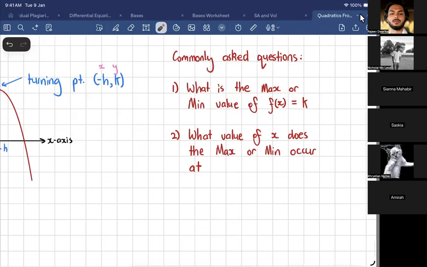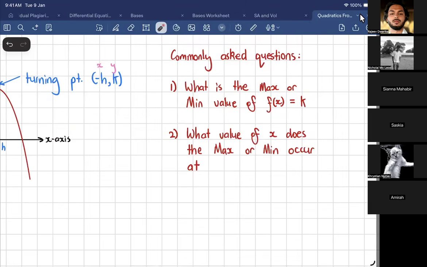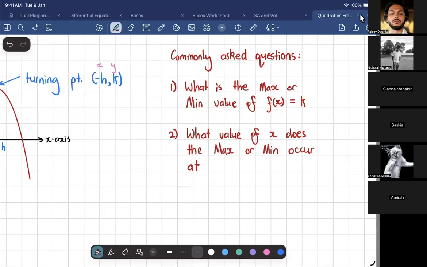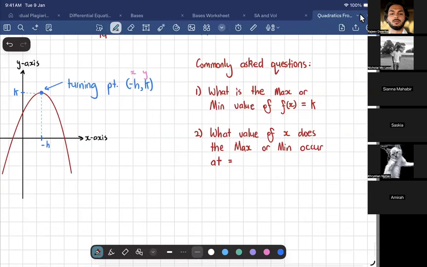So when they ask you, Amira, I want you to read number 2 for me. You've got to remember it. What value of x does the max or min occur at? That would occur at minus h. You fully understand that, right?